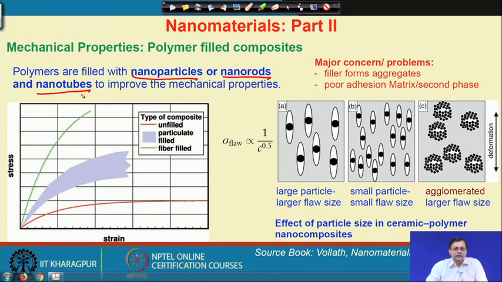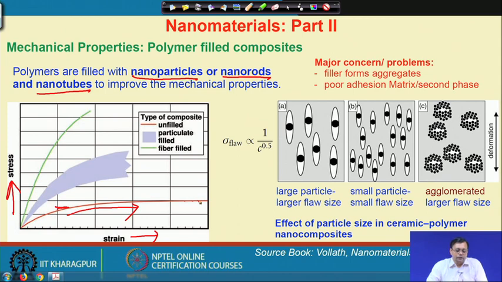As a schematic, I show you here a stress strain plot of an unfilled composite, which basically means only the matrix, a polymer, is present, but no other second phase. So the plot will give you something like this: stress and strain, very low strength level and a large plastic strain you can achieve.